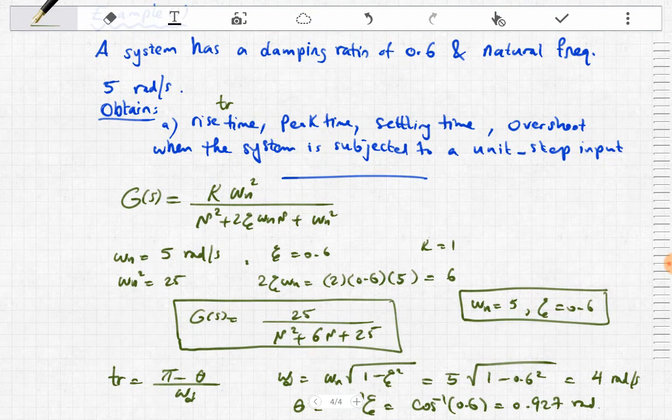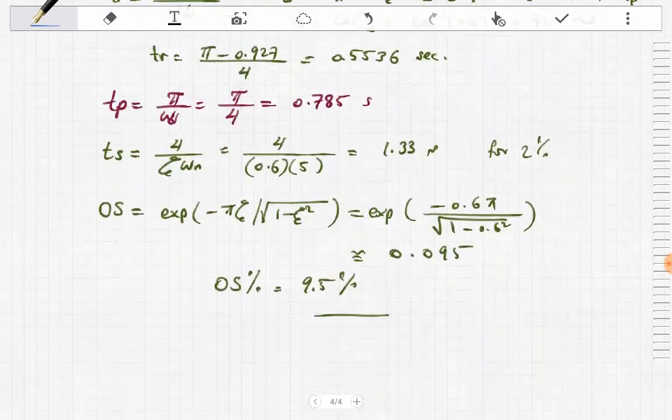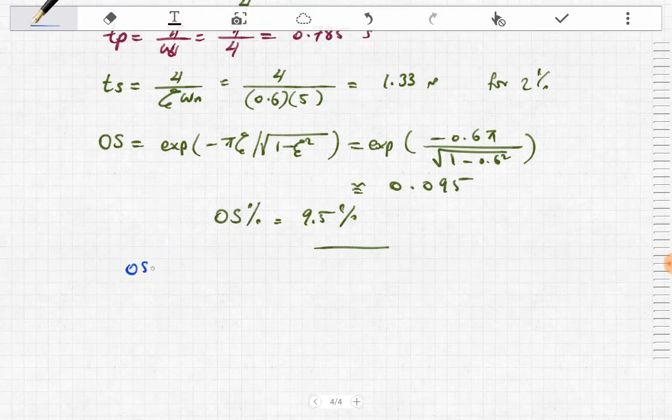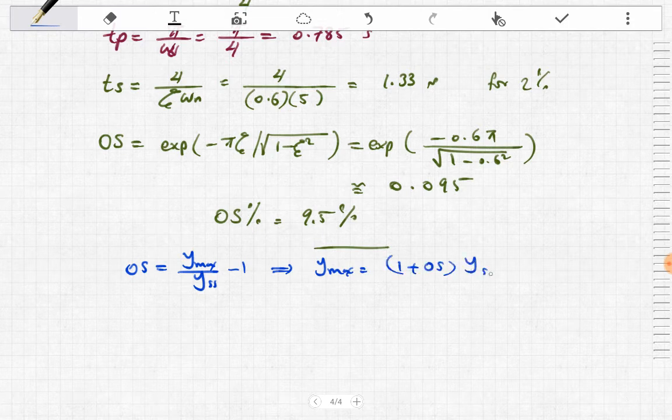What about if I ask you to find y max? You know how to get it? Overshoot is equal to y max over y steady state minus 1. So y max is equal to 1 plus overshoot times y steady state. What is the value of y steady state?